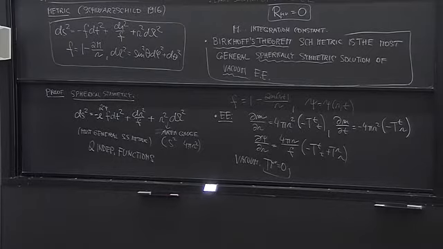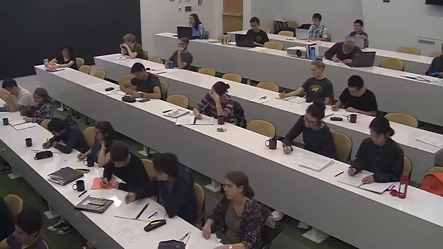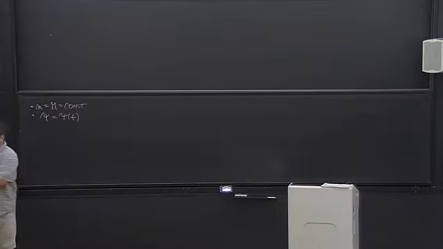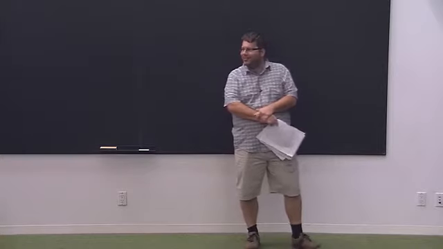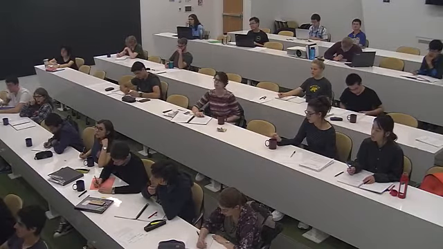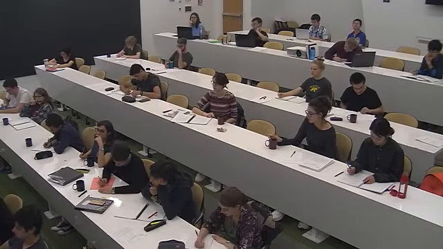So m equals M, which is a constant. That's the first 2 equations. And then the second equation tells you that psi cannot be a function of r, it's only a function of t. Everybody happy so far? All right.